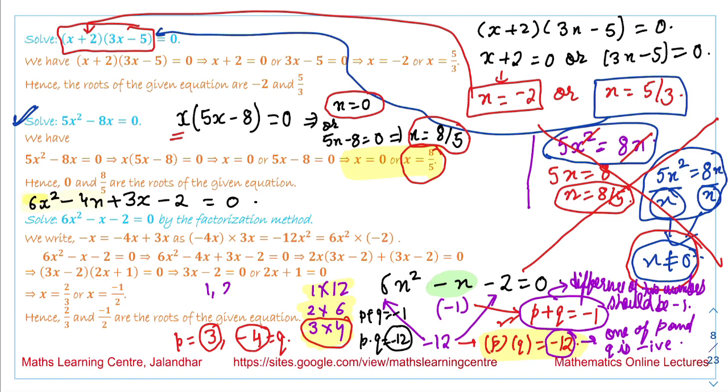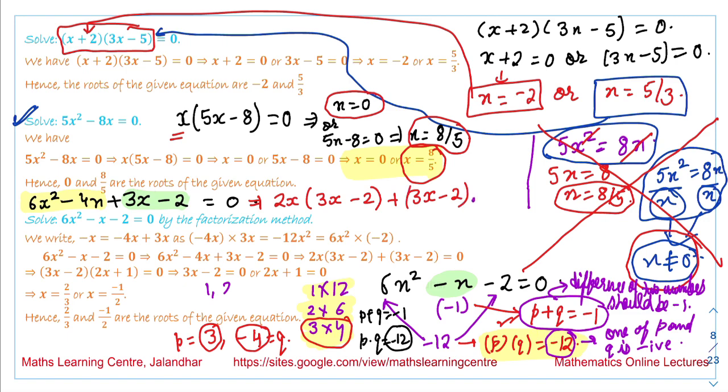Now look at these two terms over here. From these two terms we can take 2x common, so we are left with 3x minus 2. From these two terms we have plus 3x minus 2.